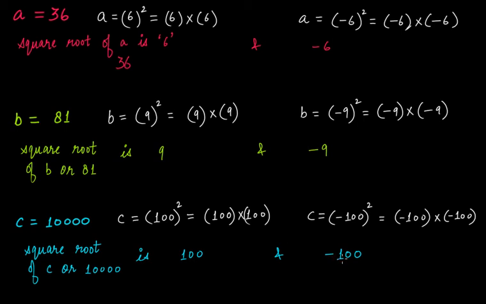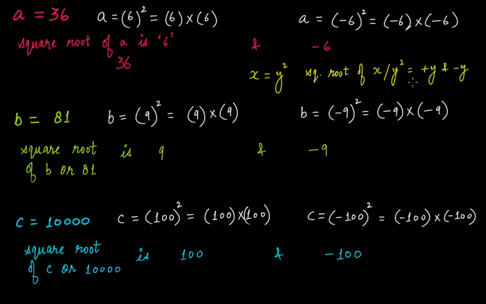That is, if a number is a perfect square, let's say your number is of the form x is equal to y squared, then the square root of x, or y squared, is plus y and minus y.